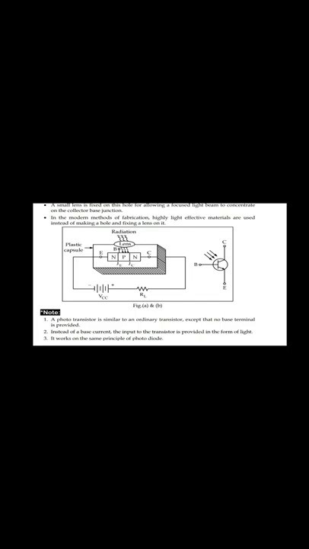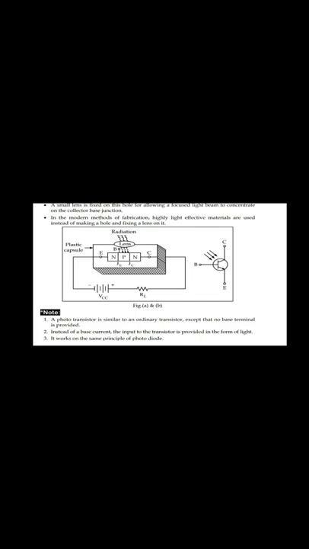Phototransistors are usually contained in a diode-type can with a lens at the top. Clear plastic encapsulation is also used.